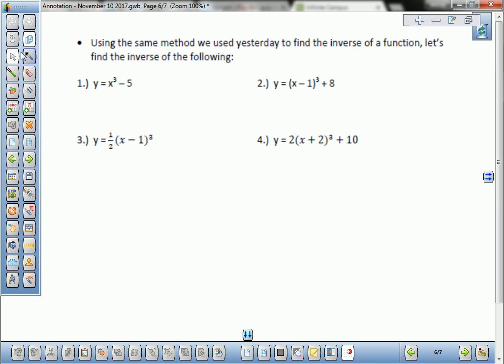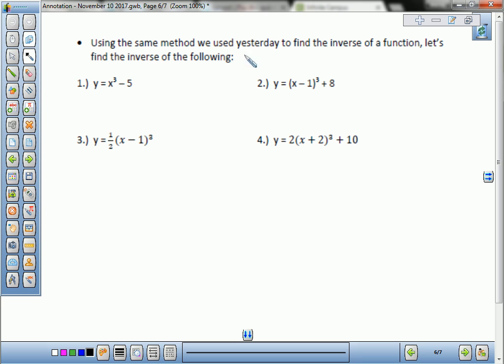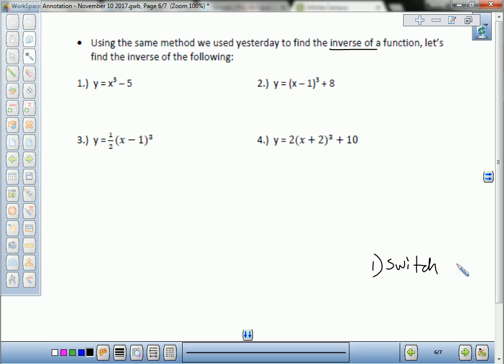Okay, so we're going to use that same method that we meant to use yesterday to find an inverse. So what were our steps? Step 1, switch the x and y. Step 2, solve for y.